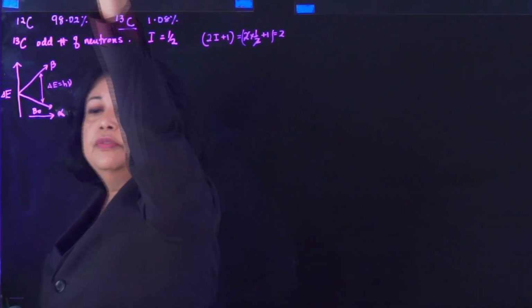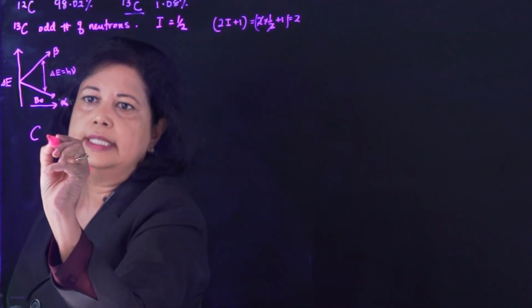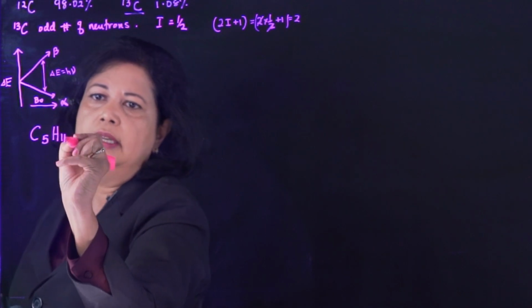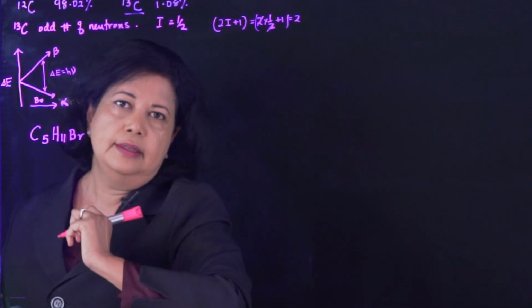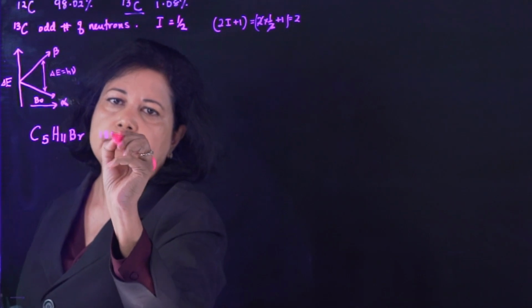Let's look at first the formula. The formula here says C5H11Br for all 3. So isomers of that.